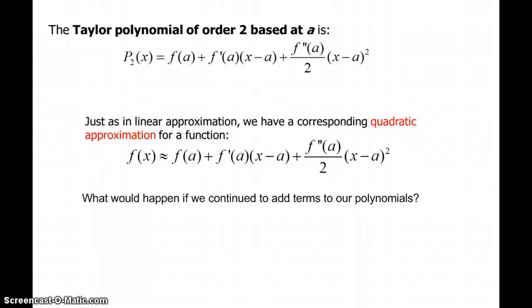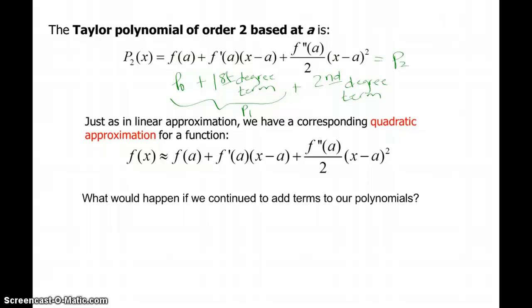P sub 2 of x has P naught plus the 1st degree term. So that is P sub 1 plus the 2nd degree term. And that whole thing is P sub 2 of x. And you can see, here's our line, the output of the function, plus the slope.